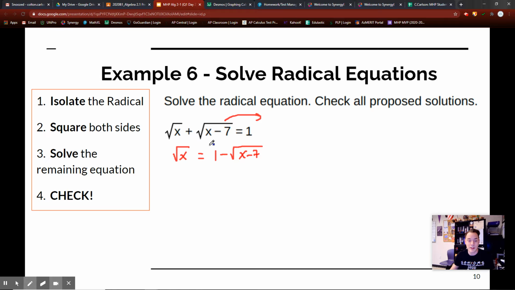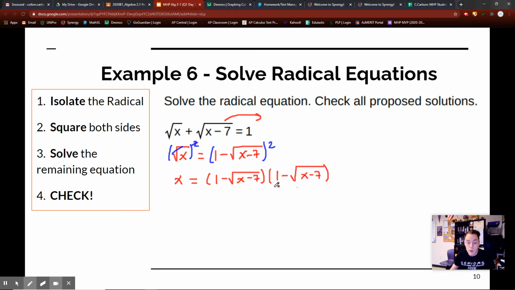Now, as you can imagine, this will get sticky. It'll be very messy here because on this right side, you're going to have to FOIL this baby out. Of course, the left side goes poofy, and you're just left with x. That's nice, right? But this side, what you actually get is 1 minus the square root of x minus 7 times 1 minus the square root of x minus 7.